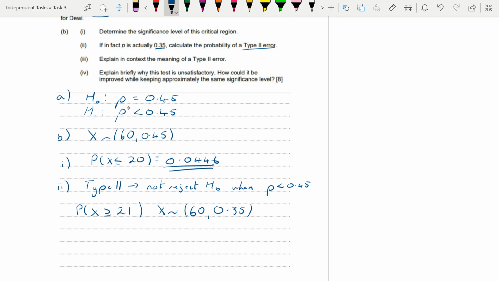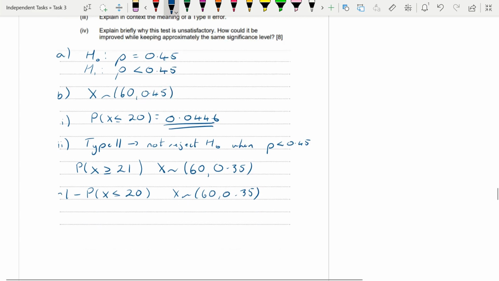So I'm going to switch this around. So this is 1 minus the probability of X being less than or equal to 20, again. I'm going to go to my calculator now, and I end up with 0.5484. That is my type 2 error.